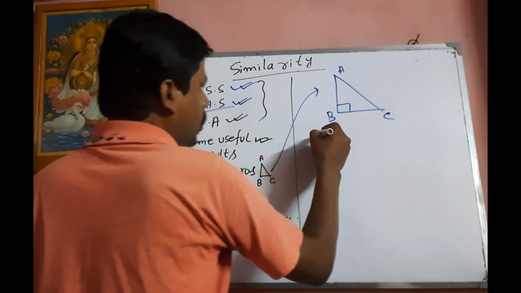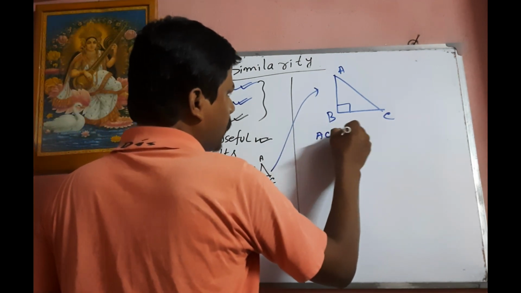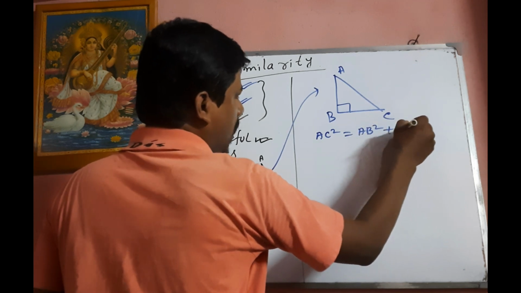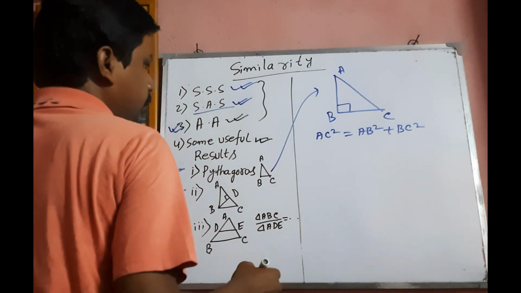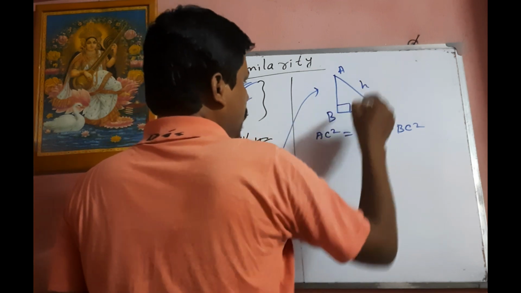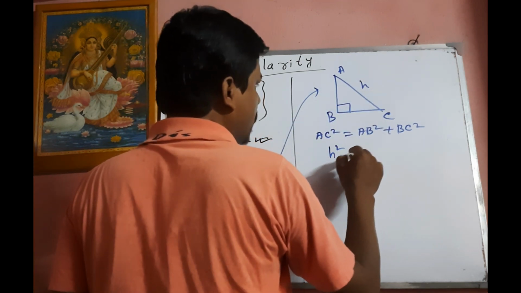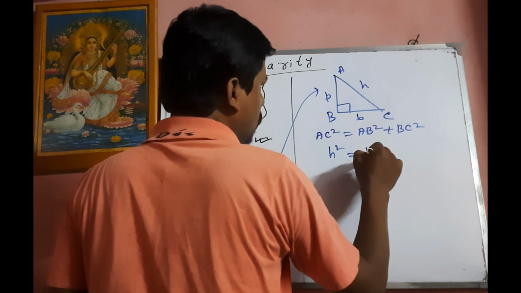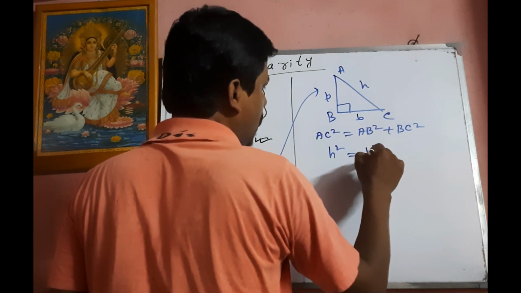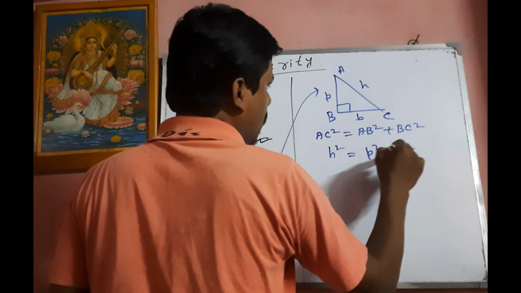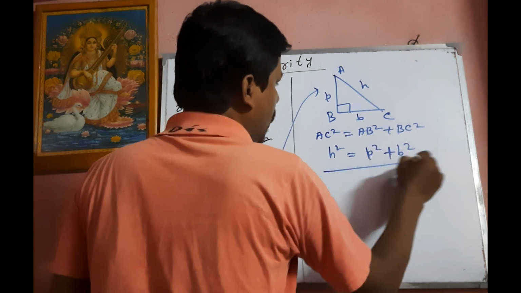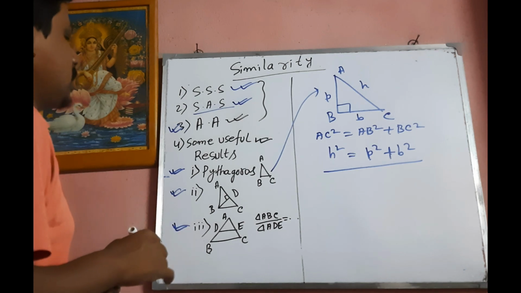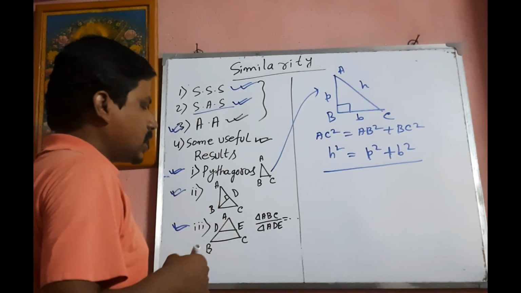Then by the property we can say AC square is equal to AB square plus BC square. If this is the hypotenuse H, this is the perpendicular and this is the base, then H square is equal to perpendicular square plus base square. This is a useful result of similarity we are discussing here.